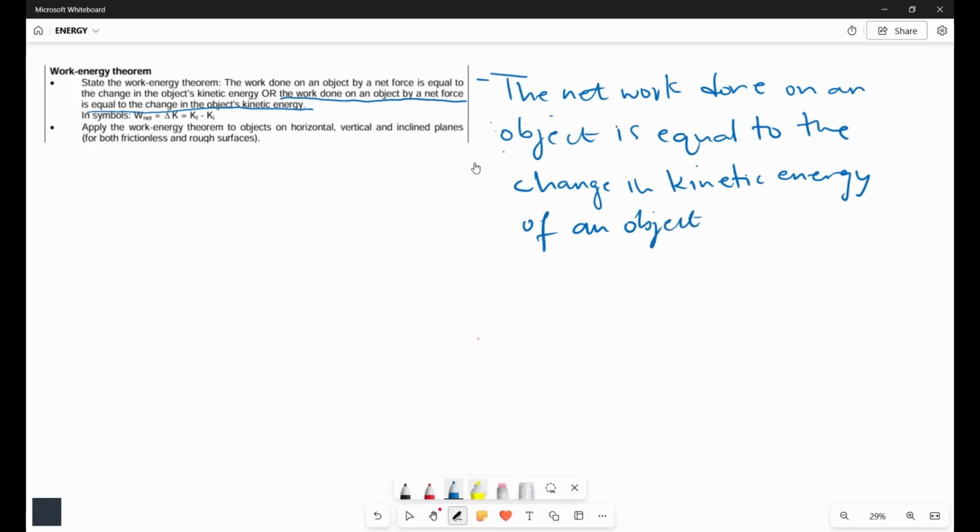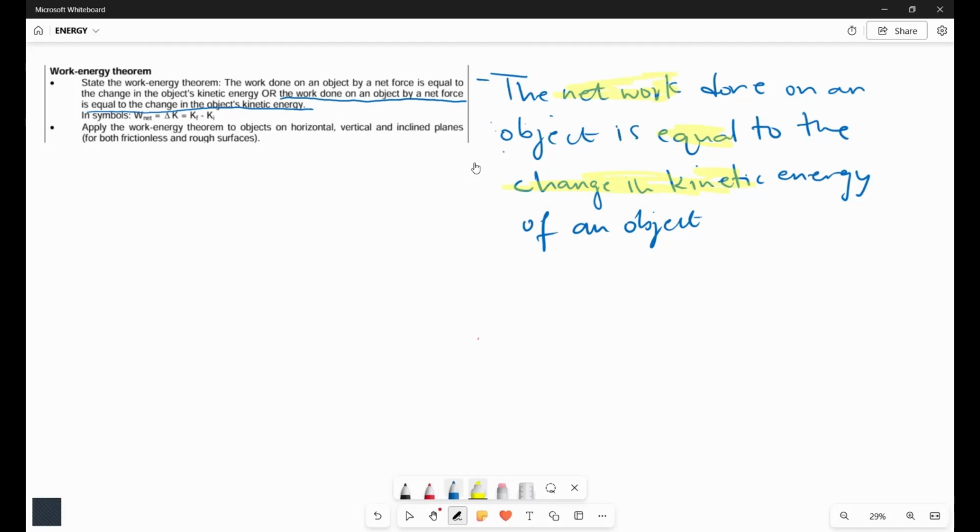Yes, so it says now the net work done on an object is equal to the what? To the change in kinetic energy of an object.